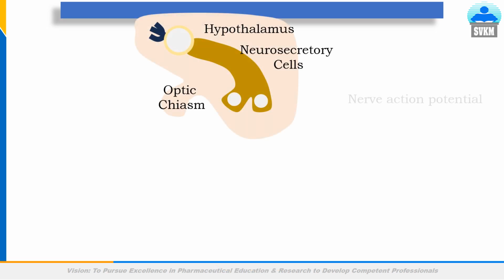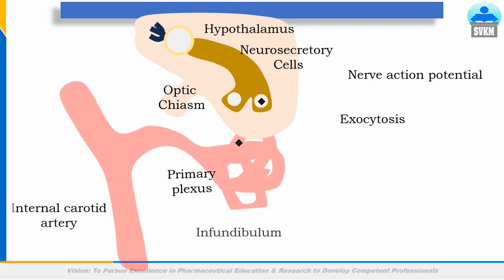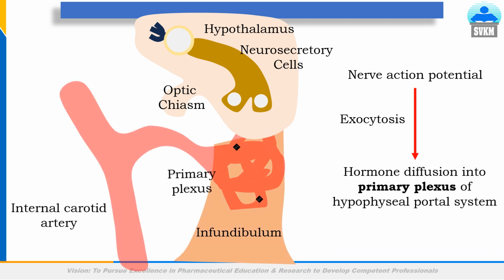When a nerve action potential reaches the neurosecretory cells, there is an exocytosis process that releases the hormones into the primary plexus. The primary plexus are the branches of the internal carotid artery, which are located in the infundibulum portion.